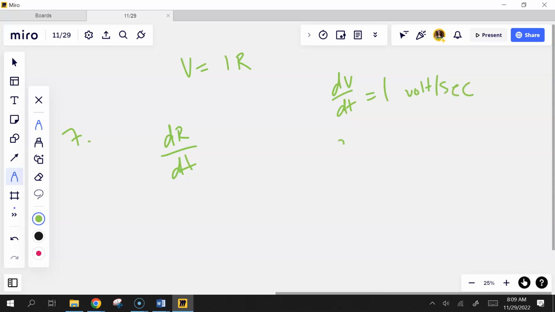I is decreasing, so dI/dt is decreasing at a rate of 1/3. So I'm going to make it negative since it's decreasing. Amps per second. Let T denote time. Find the rate at which R is changing when V equals, so let's take the derivative here.